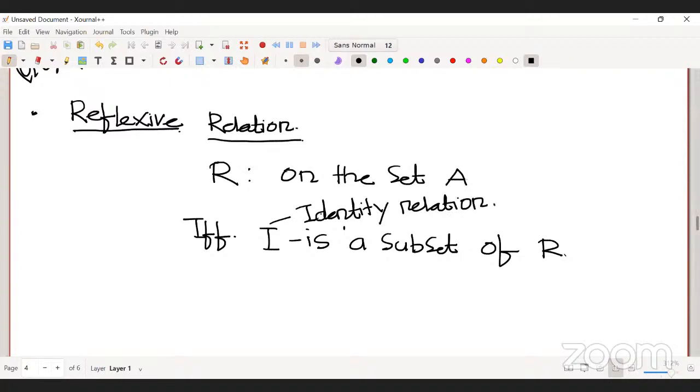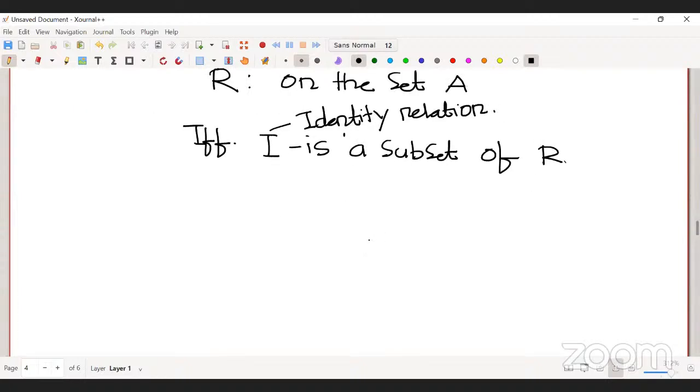If the identity relation on the set A is a subset of R, then we can say that R is a reflexive relation. Okay. So for example, take A equal to {1, 2}.